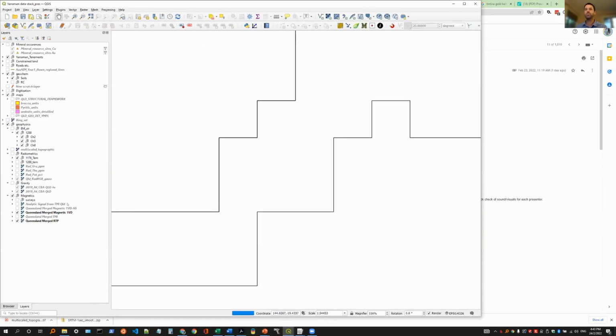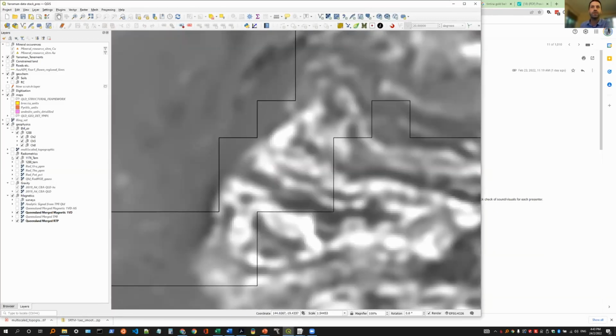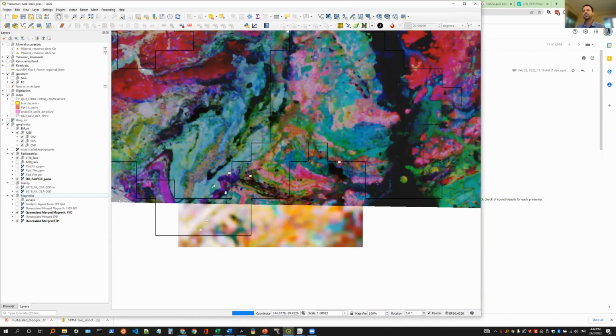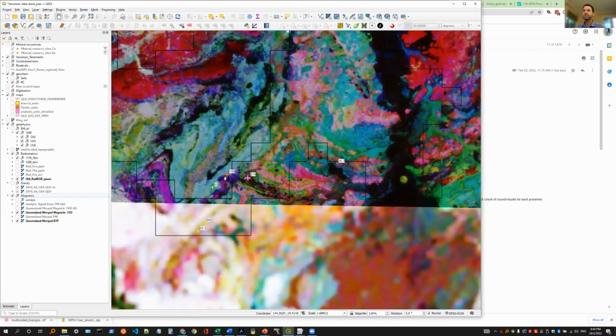why going to the company reports and then coming back and looking at some of the surveys is interesting, because in this particular area, if we look at where we see these high-grade silver results, they actually sit on one side of this fault here. There are some silver hits on the other, but there's a really nice low radiometric unit coming through here.